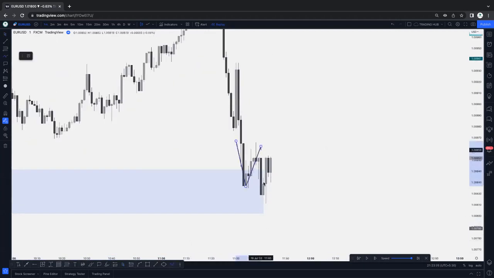One more thing you have to understand: during POI zones in supply and demand, minor structure also counts. If the market breaks the structure, taking out the high or low, we can consider it as a CHoCH, because we are looking for a buy aggressively in a lower time frame.